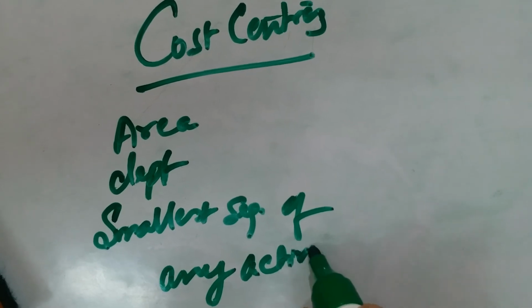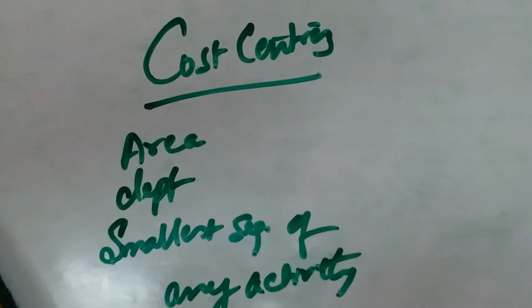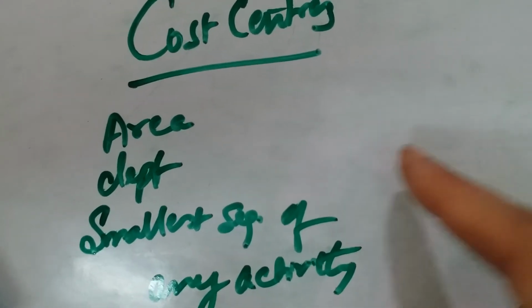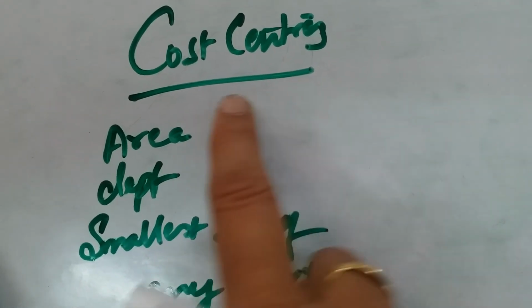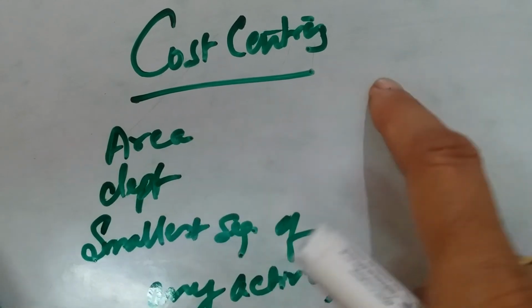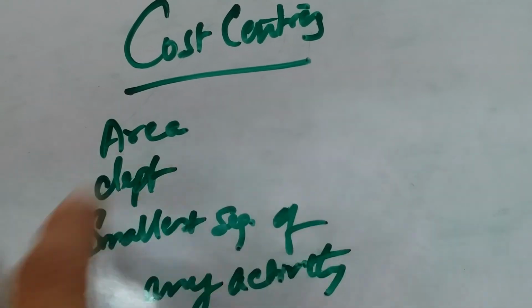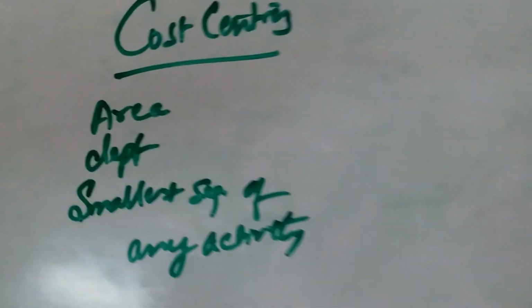Because cost is being incurred everywhere, wherever the cost is being incurred, that area or segment or department is going to be known as a cost center.